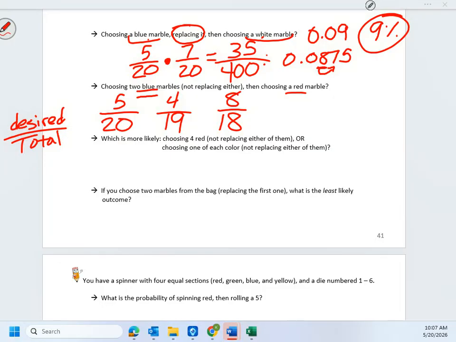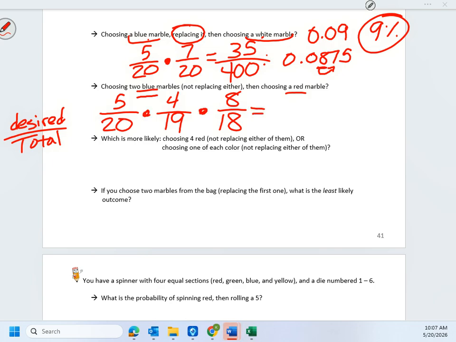So yeah, it gets a little tricky. We have to really think about what our actions are doing to what's left in the bag. So we had 5 blue, we picked one, now we only have 4 blue left and there's only 19 marbles left. Then we pick a red out of 18.